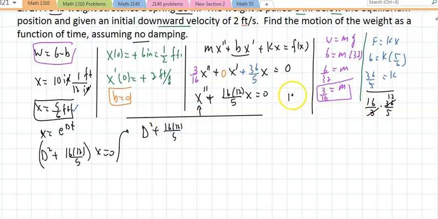What is 16 times 12? 192, if I'm not mistaken.